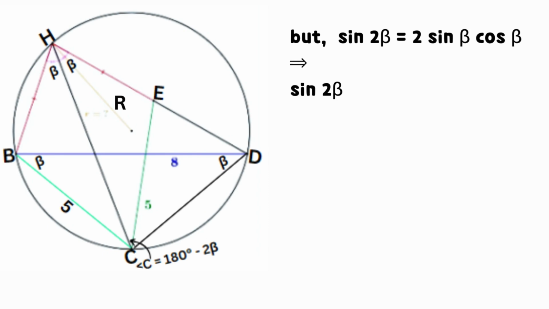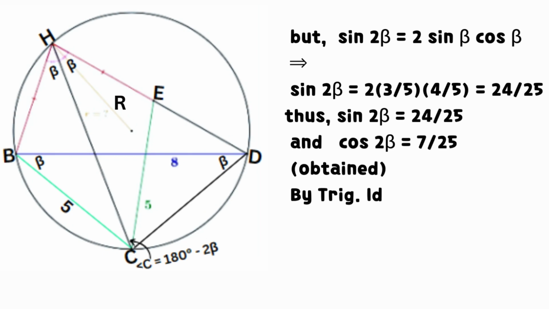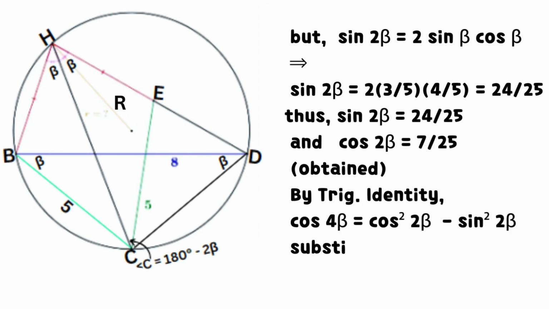Substitute values for sine 2 times beta, and we have that sine 2 times beta equals 24 divided by 25. And cosine 2 times beta equals 7 divided by 25.